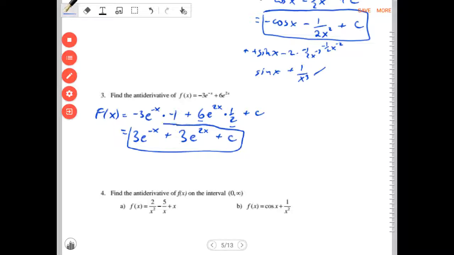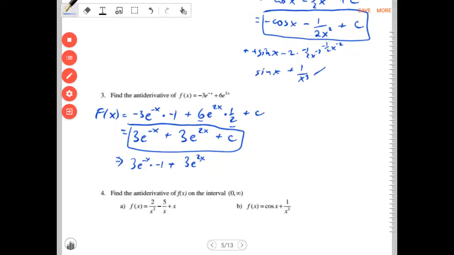Now we can check to make sure that works, because if I take the derivative of this, look what happens. We get 3e to the negative x times the chain rule, which is negative 1. The derivative of negative x is negative 1. Plus 3e to the 2x.